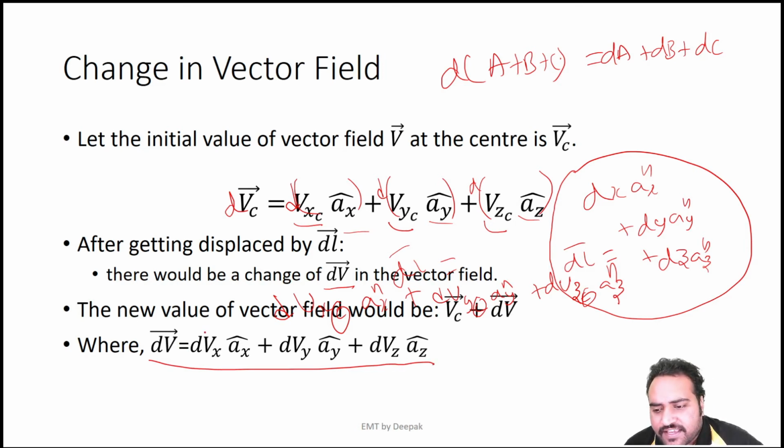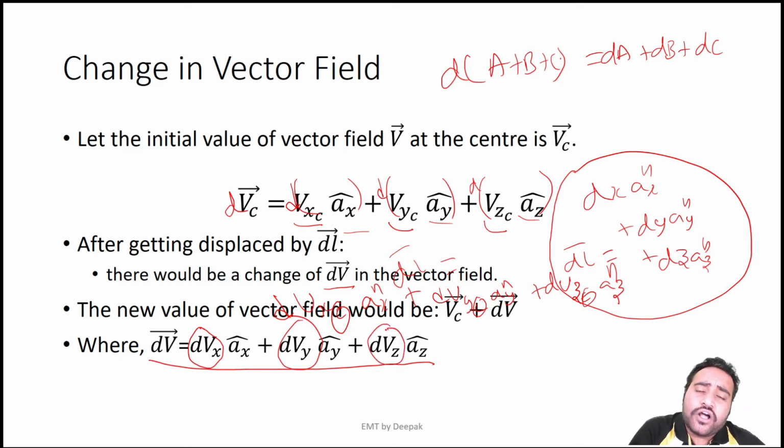You identify this. dVx is nothing but change in the scalar field. dVy is nothing but change in the scalar field. And dVz is also nothing but change in the scalar field. Change in the scalar field can be represented as del bar dot dl bar, where del bar is the gradient, or let me say the differential operator.